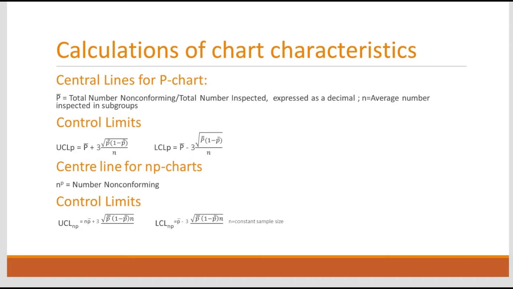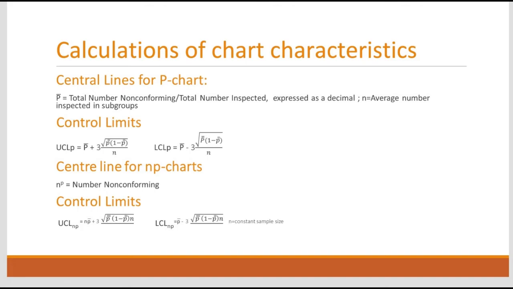The control limits: the upper control limit for the P chart is equal to P bar plus 3 times the square root of P bar times (1 minus P bar) divided by n, whereas the lower control limit for the P chart is given by P bar minus 3 times the square root of P bar times (1 minus P bar) divided by n.